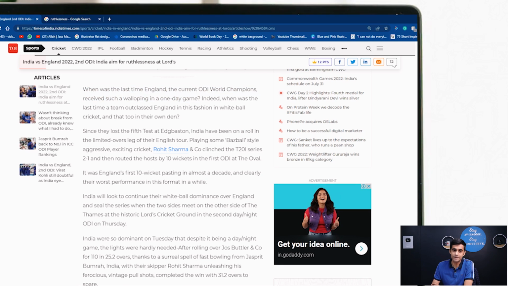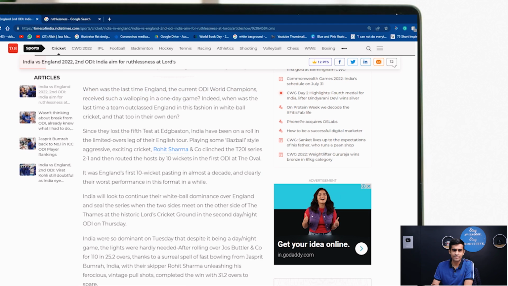So this is how you have to search for the words, maybe ruthlessness, maybe walloping, maybe outclassed. Just imagine, reading one paragraph itself gives you access to 3 new words. Make sense? Similarly, if you just scroll through it, you learn more words. And as I was talking about the highlights, this gives you an idea, okay, England is rank 2, rank 3 in the ICC.